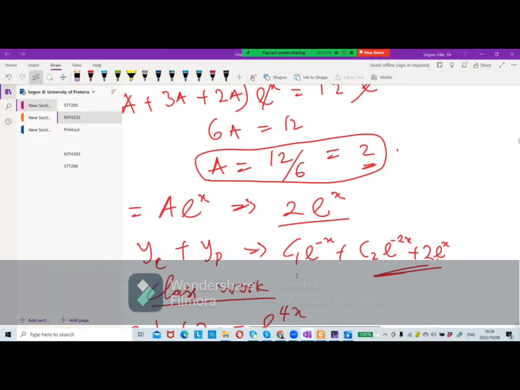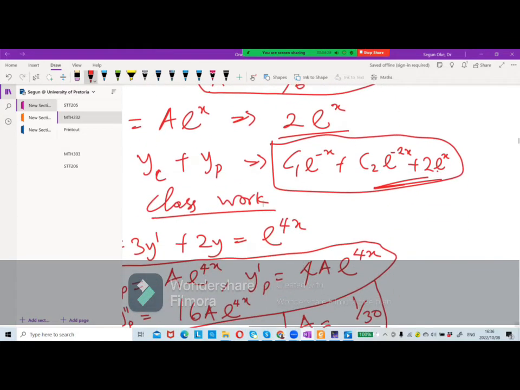We have y equals y complementary plus y particular, where y complementary is c1 exponential negative x plus c2 exponential negative 2x, plus 2 exponential x. So that's going to be our general solution for this particular question.